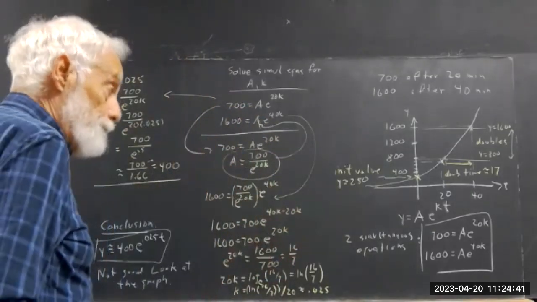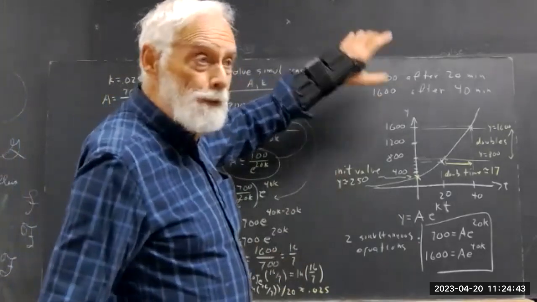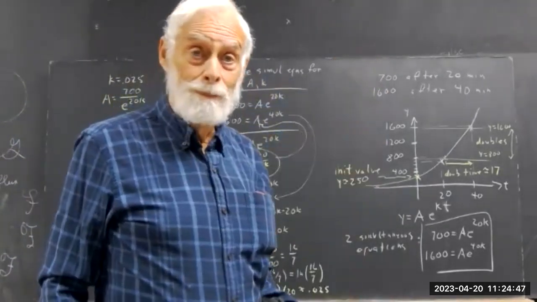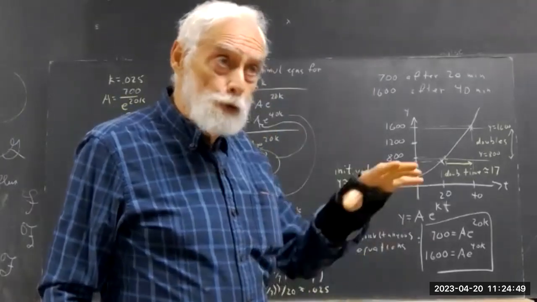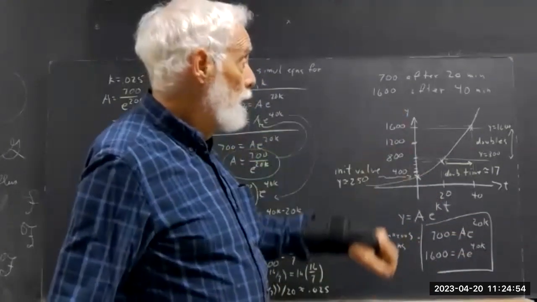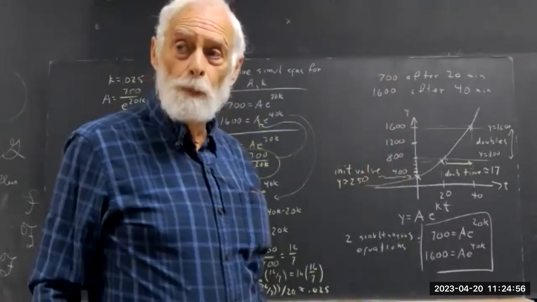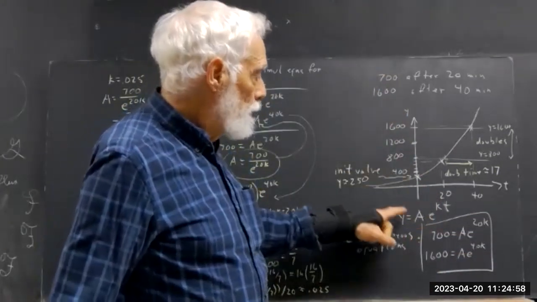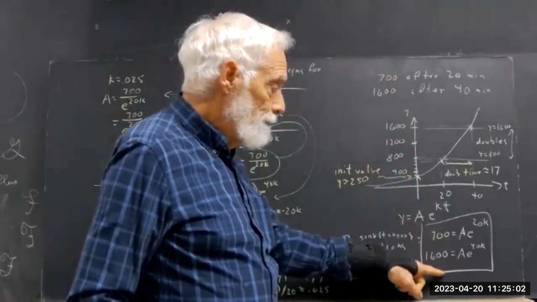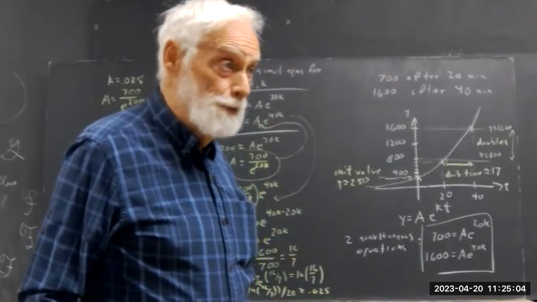Thing I want to emphasize is simply take your data, boil it down to where you can put 2 points on a graph. If you don't do that, you're not going to get anywhere. Even if you don't draw the graph, if you boil it down to where you put 2 points on a graph, then you know what coordinates to put into the form of the function to get two simultaneous equations.